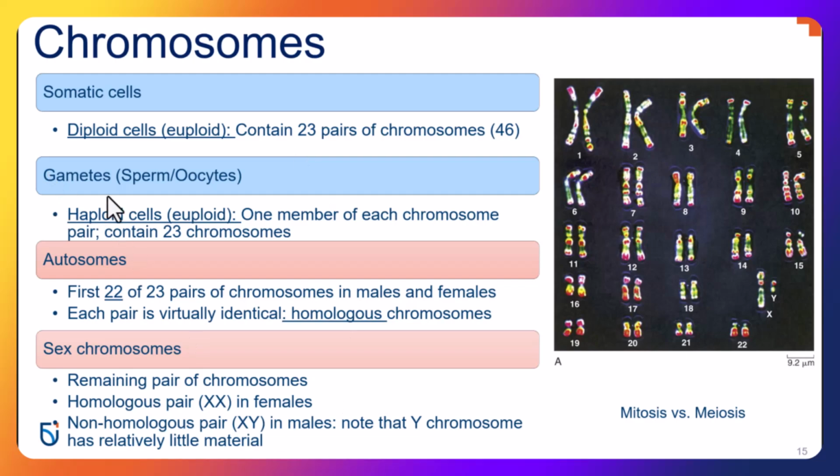In contrast, gametes, so your sperm and oocytes, are considered haploid cells because they have half the total number of chromosomes, so just one chromosome from each pair, so that totals 23. And that is because when a sperm meets with an egg, their chromosomes come together, and then we end up with 23 pairs versus just the 23 chromosomes in a gamete.